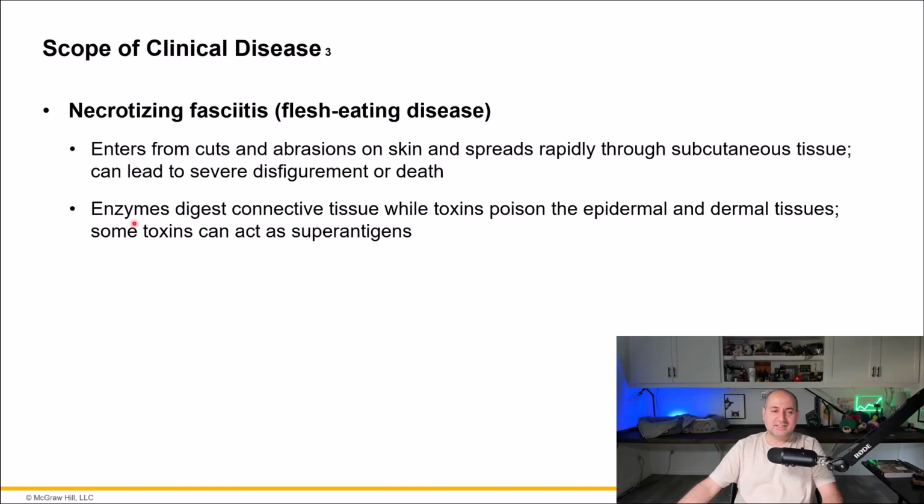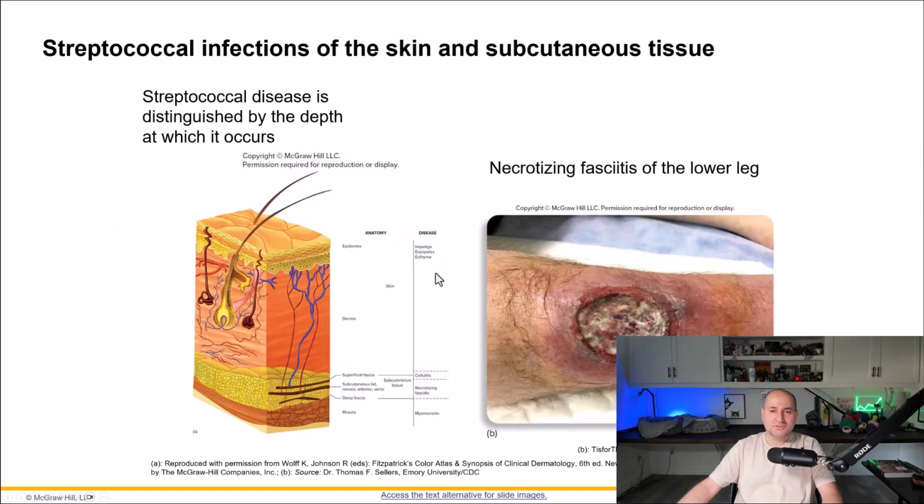The problem is enzymes digest connective tissue while toxins poison the epidermal and dermal tissues. Some toxins can act as superantigens, which means that they trigger your immune system to overreact, and that causes even more damage. Here you can see necrotizing fasciitis eating through a person's leg. It's a devastating infection.